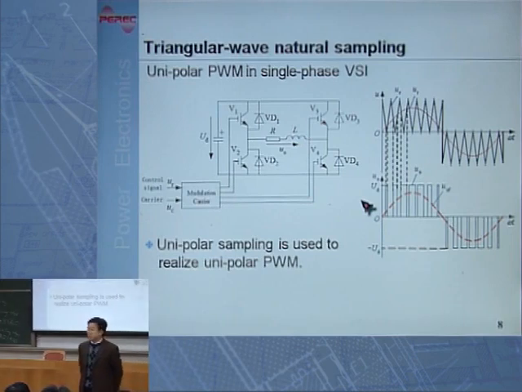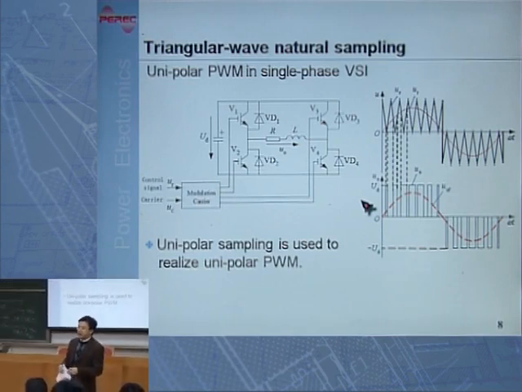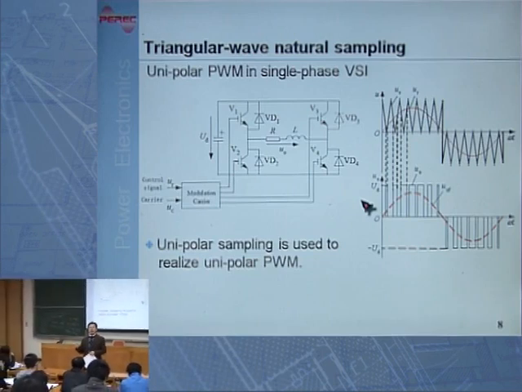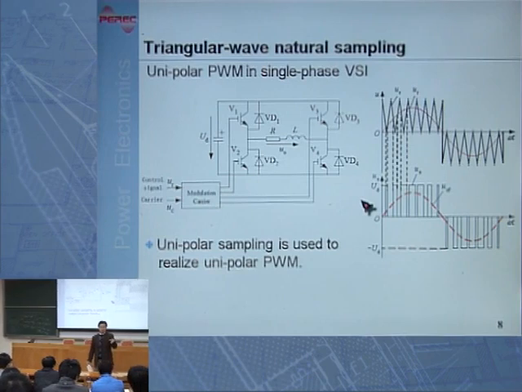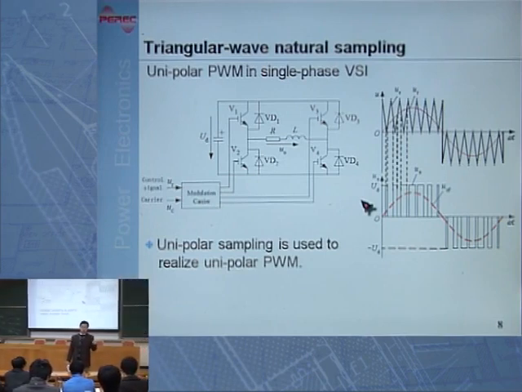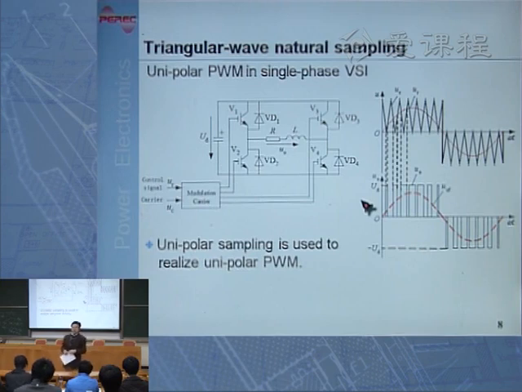The first feature is the DC side of VSI is usually a constant voltage, either a voltage source or a large capacitor. So the DC side voltage is constant. The second feature is the AC side is usually square wave or quasi-square wave. And the third feature is that there's always an anti-parallel diode connected with a fully controlled device to provide energy feedback paths. So these are the three features for VSI.